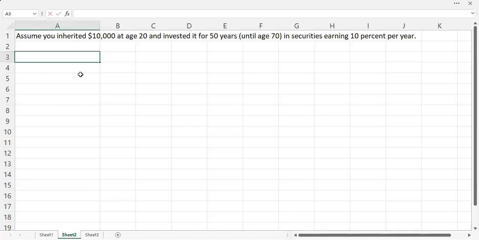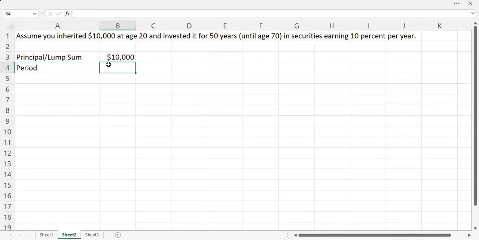let's make the figures clear first. Your principal amount, or let's call that your lump sum, is $10,000. And your period is 50 years.